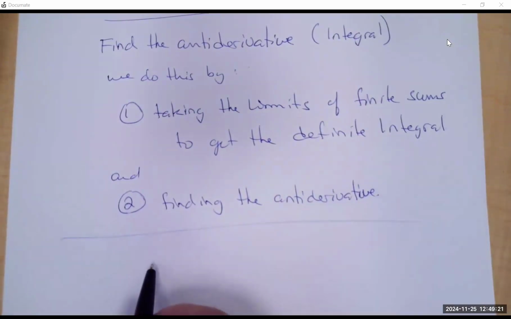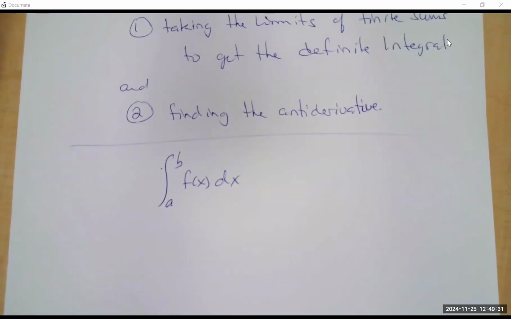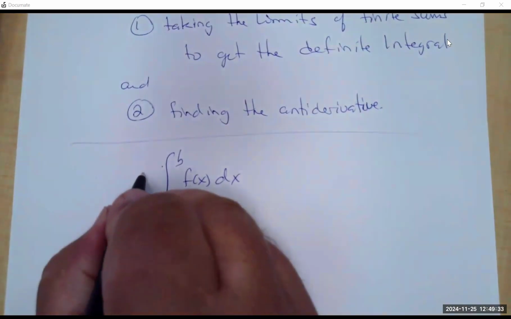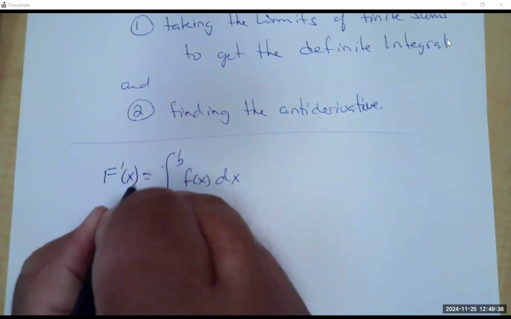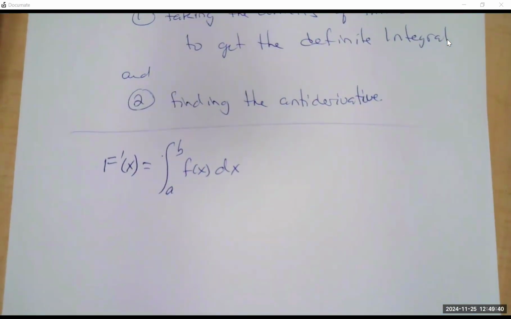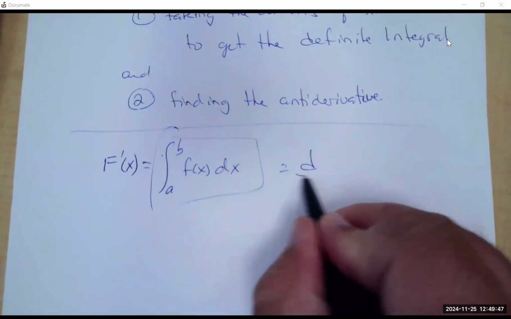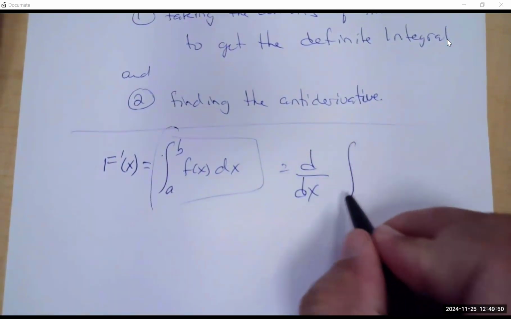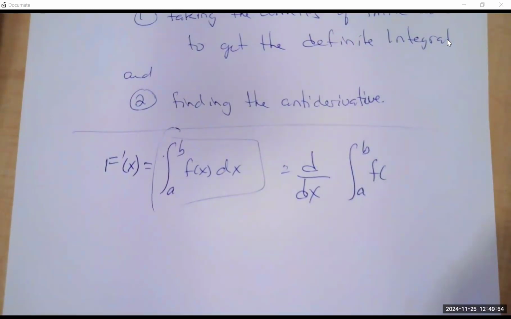What this is saying, for that to be true, the derivative of f of x of this function is equal to the derivative with respect to x of the integral from a to x.